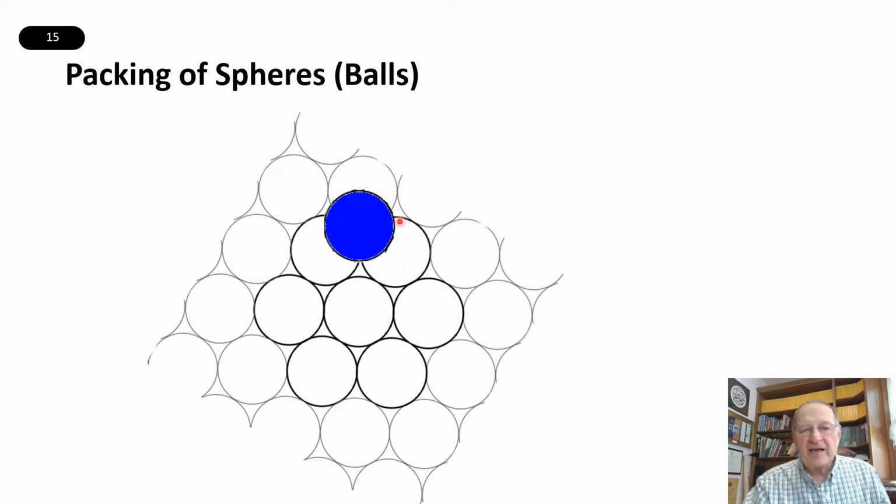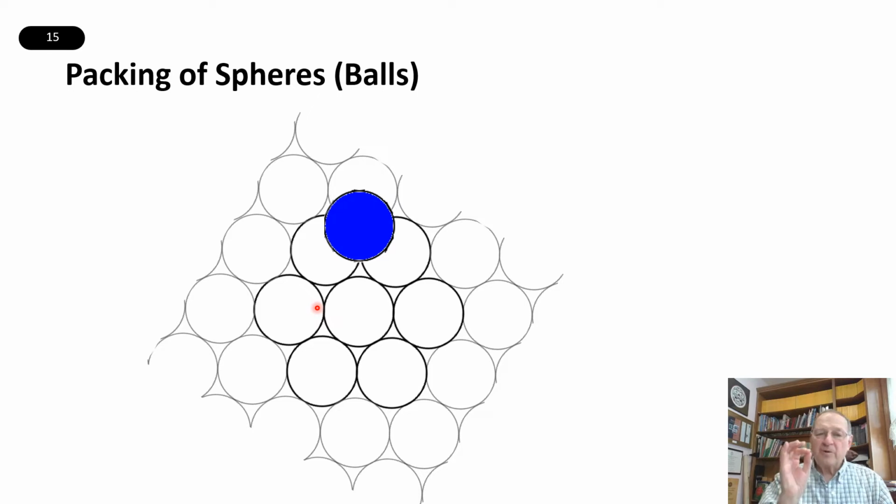And so the next ball that I would place would be on top of these three, and the next one in this direction would be on top of these three, and the one here would be on top of these three. So that would be the tightest packing of balls. That would allow me to put the most number of balls into a room.